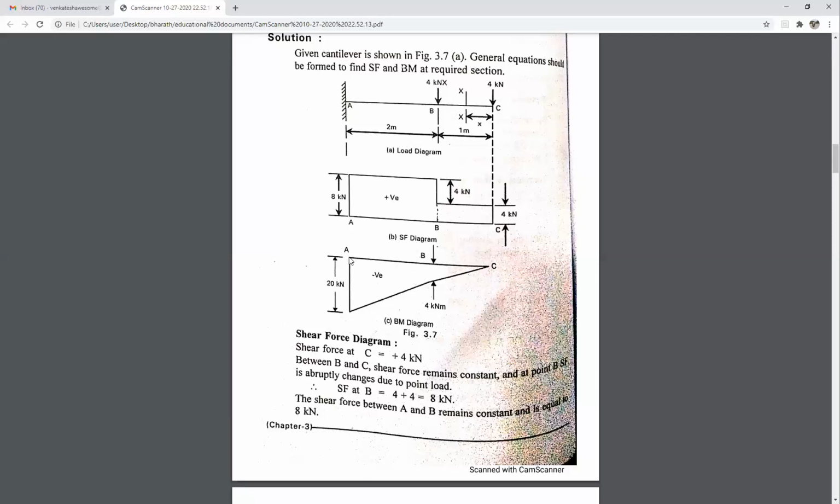That's why we extend the line in a downward direction, not in a positive way. The SFD is positive here, so this is the positive side, this is the negative side. From C to B we have one bending moment.